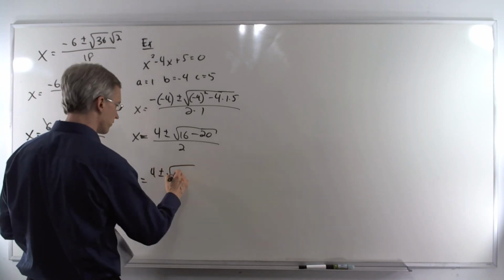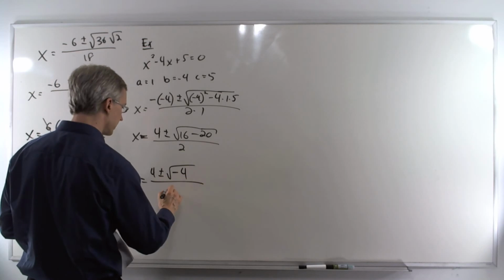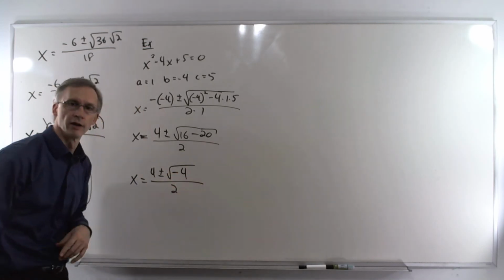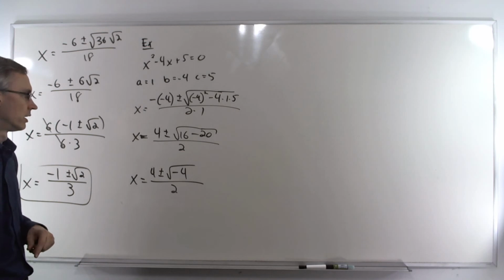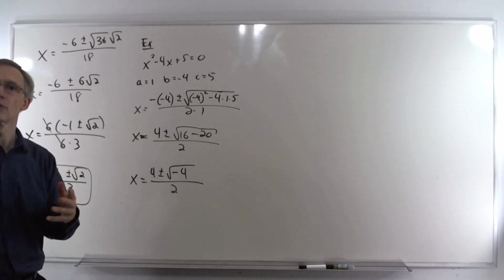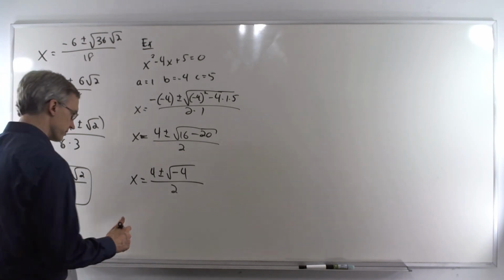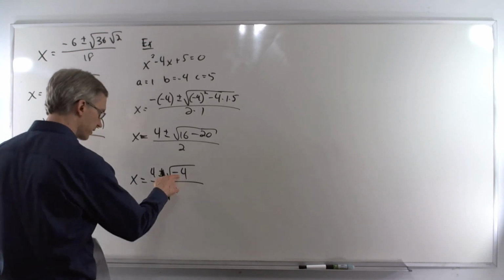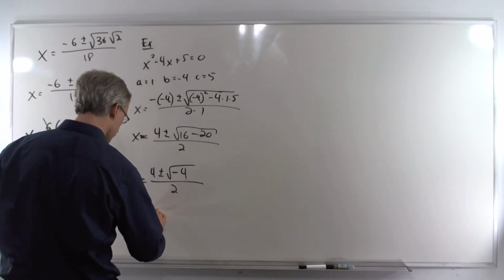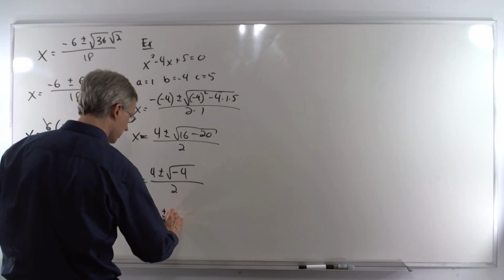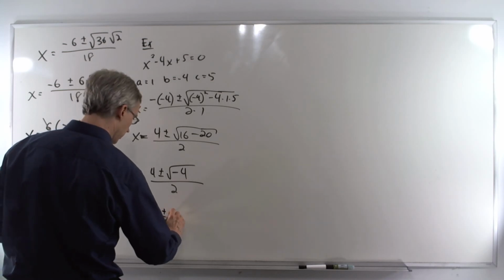So we get the square root of negative 4. This is the first time we've seen a negative number underneath that radical. And when we take the square roots of negatives, we're going to get imaginary numbers. So let's break this thing up. That gives us 4 plus or minus i.